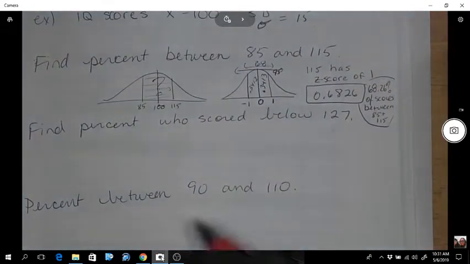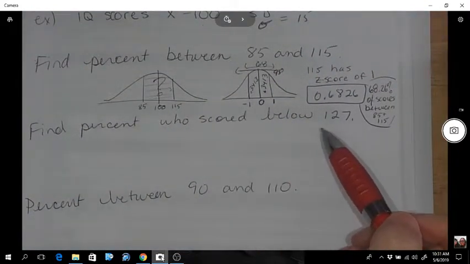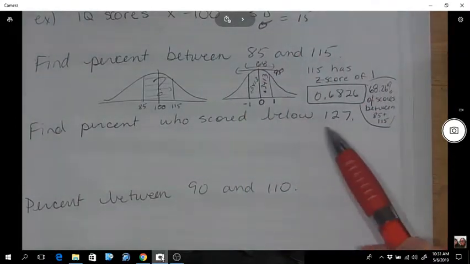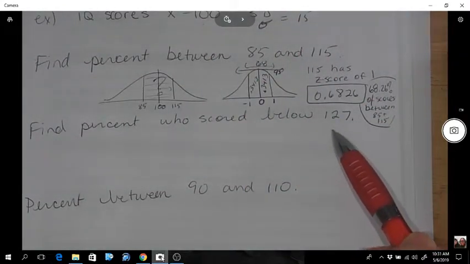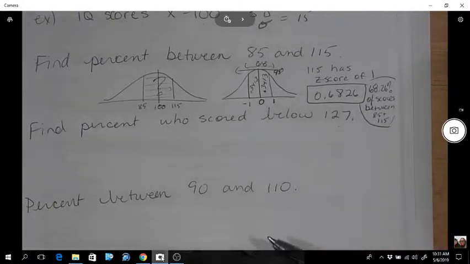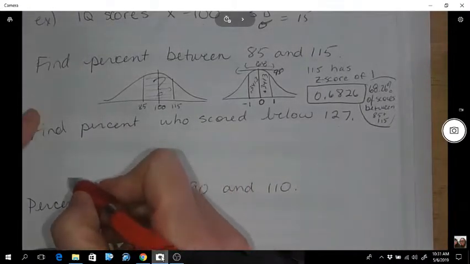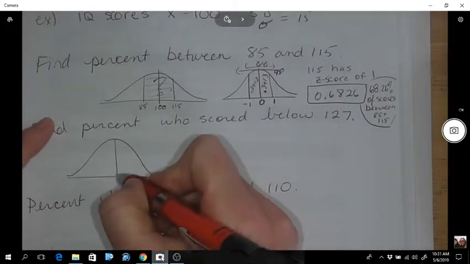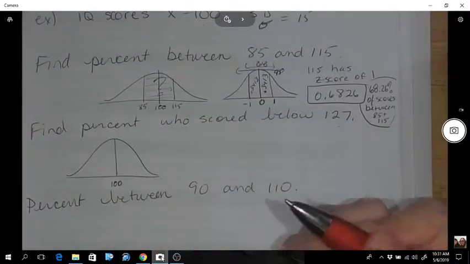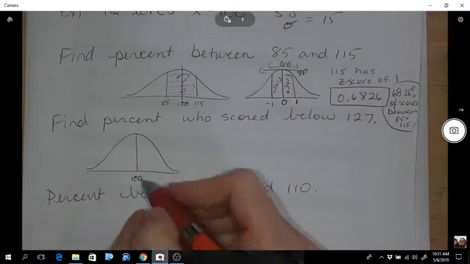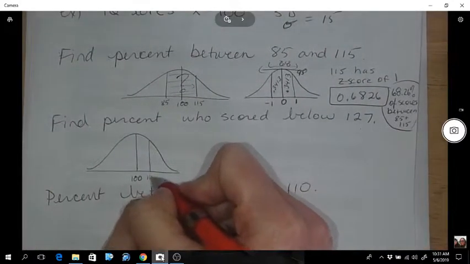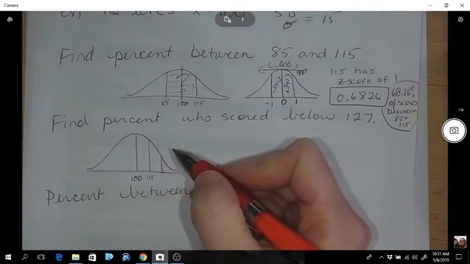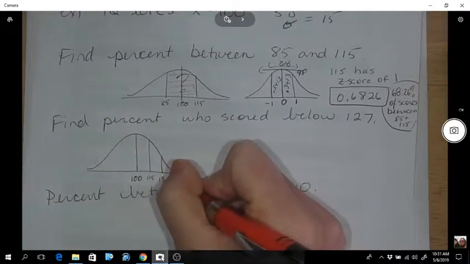Okay, now let's talk about scores that aren't going to be perfectly 100 plus 15 plus 15, like 127. That's not going to be a perfect Z-score. So if we think about our non-standard curve, we have 100, 115, and the next standard deviation would be 130.